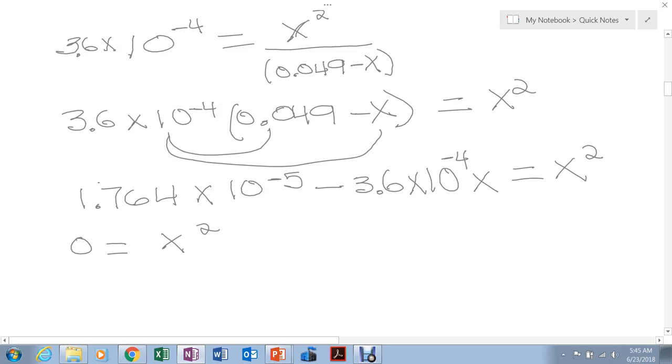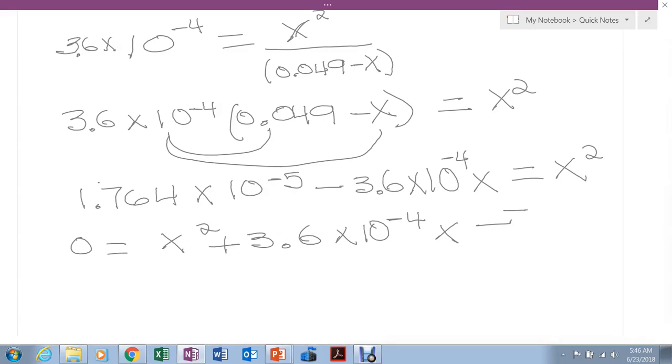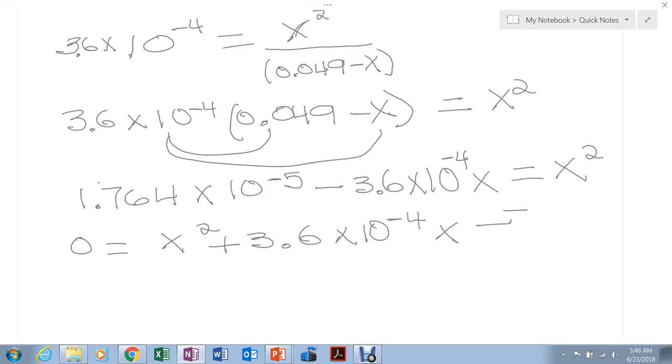So we add 3.6 times 10 to the negative 4 x to both sides, and we subtract 1.76 times 10 to the negative 5.